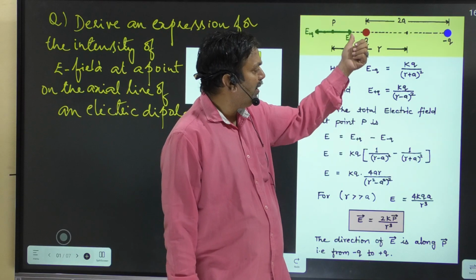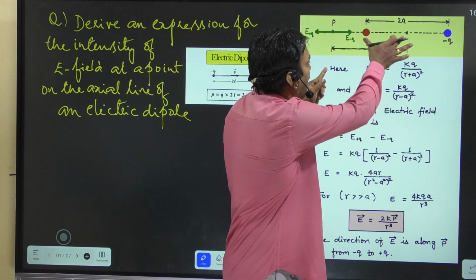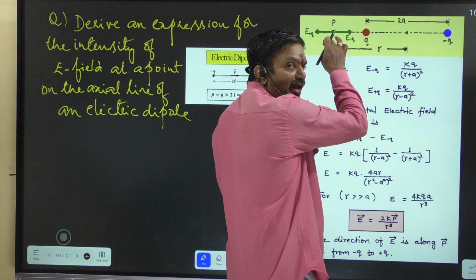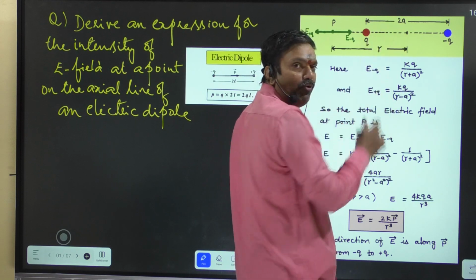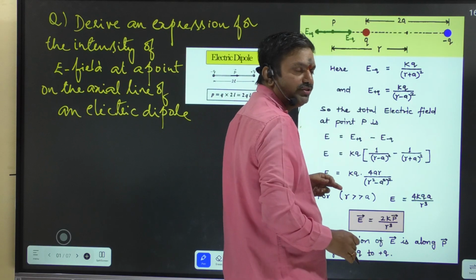As you see, from the positive charge this particular point is at a distance of R minus A, because point P is at a distance of R units from the center of the dipole.